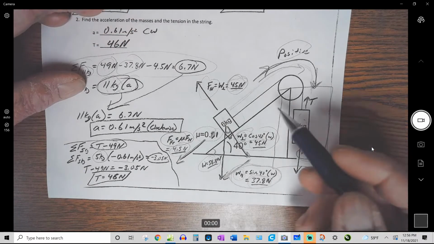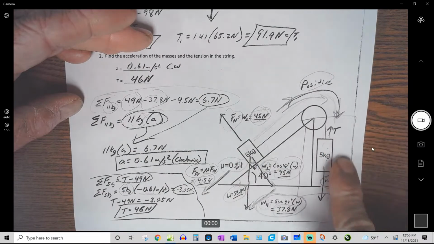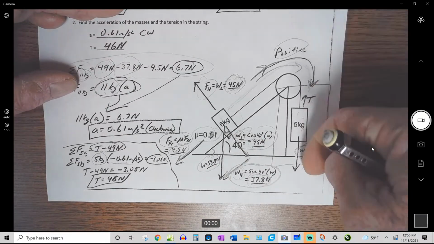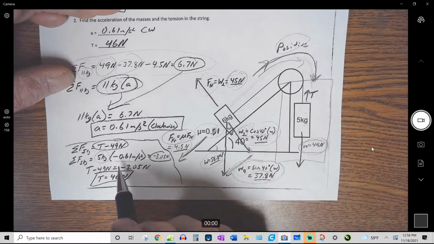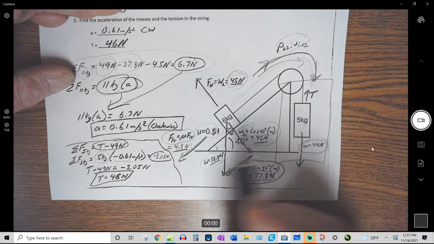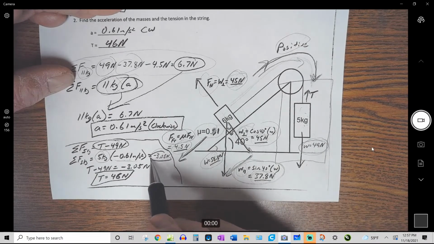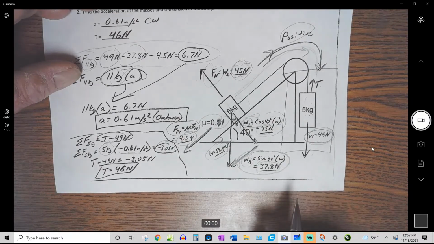Now, earlier on, when I was looking at the entire system, I was calling this positive. But now I'm just looking at this, and it makes more sense to call downward negative. And since this is going downward, its acceleration is negative. So 5 times negative 0.61 is the net force. And the net force equals T minus 49, so therefore T has to be 46.